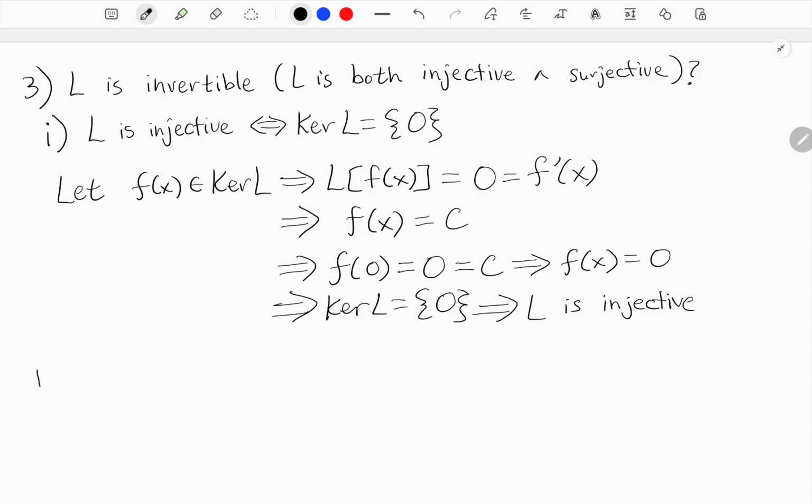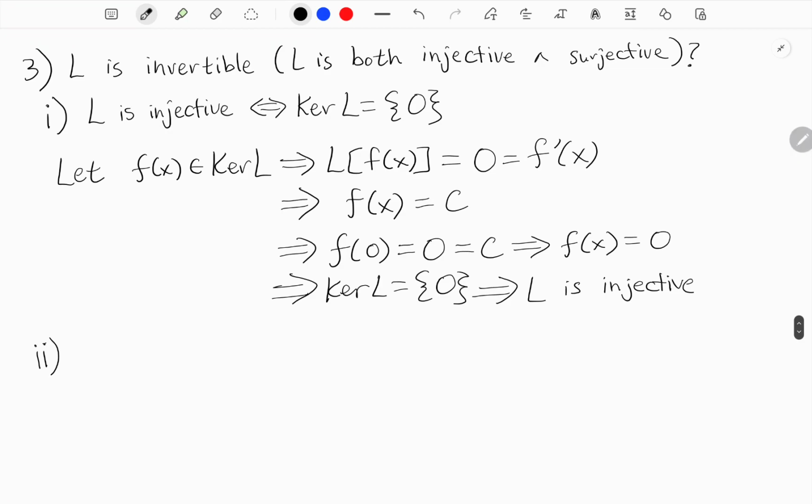Okay, now let's check for surjectivity. This one is, I would say, a bit harder.